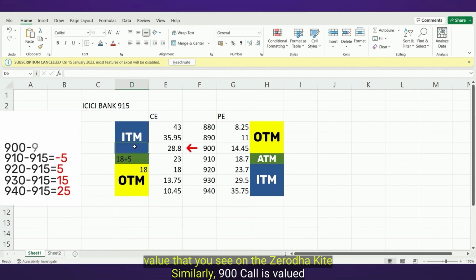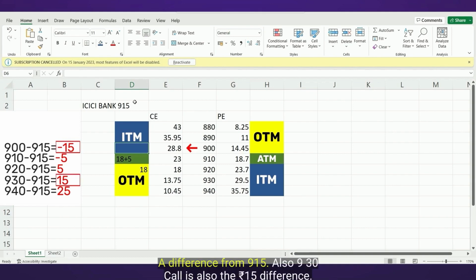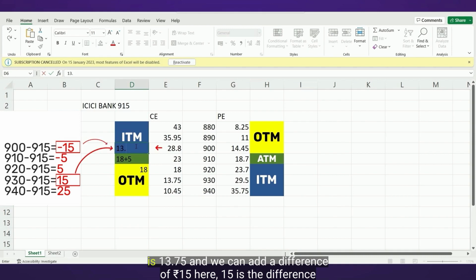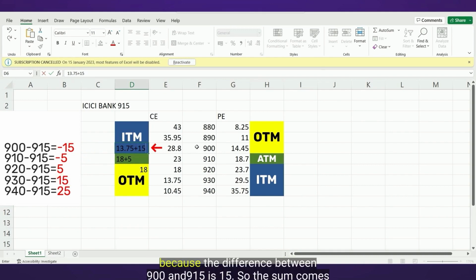Similarly, 900 call is valued at 28.8 rupees. How did we derive it? So 900 call is at 15 rupees difference from 915. Also 930 call is also at a 15 rupees difference. So it is very obvious that this will also have the same premium, that is 13.75, and we can add a difference of 15 rupees here. 15 is the difference because the difference between 900 and 915 is 15.